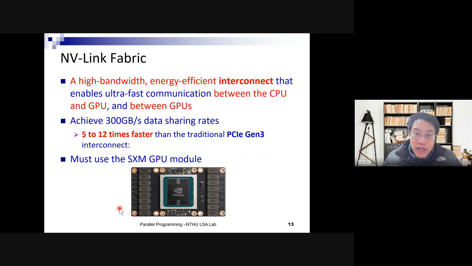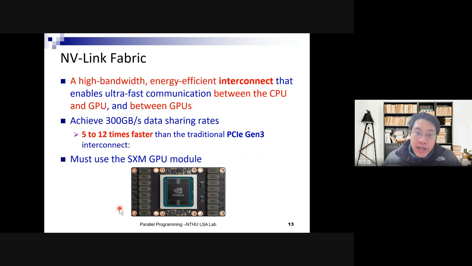So that's why a company like NVIDIA designed their own bus to transfer data between GPUs, or between CPU and GPU. Their solution is called NVLink from NVIDIA.